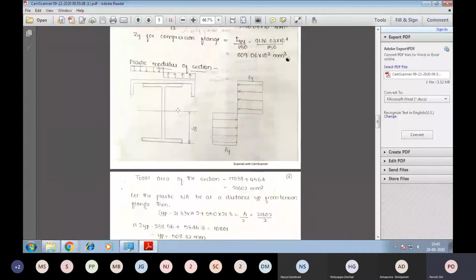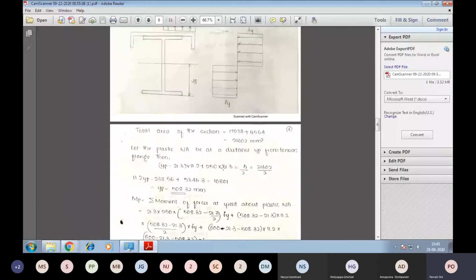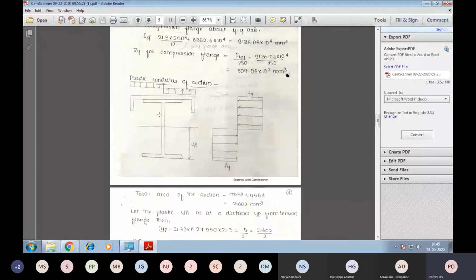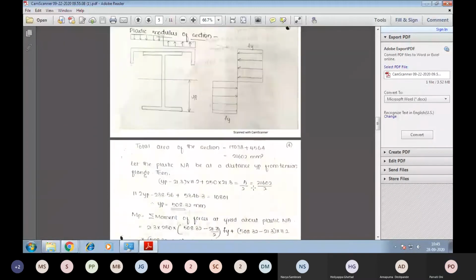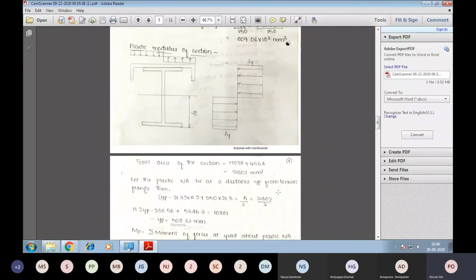Plus the plastic moment of this flange section. Again it is the area 250 into 21.3, into 600 minus 21.3 minus 508.32. So what is the centroidal distance?